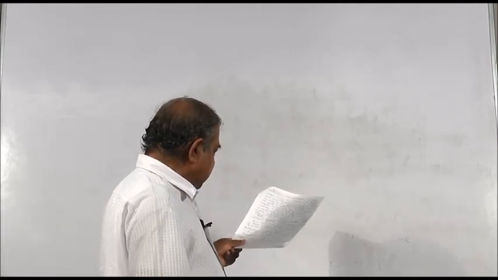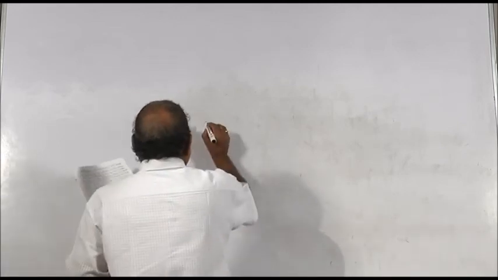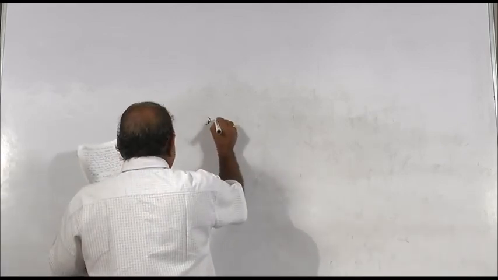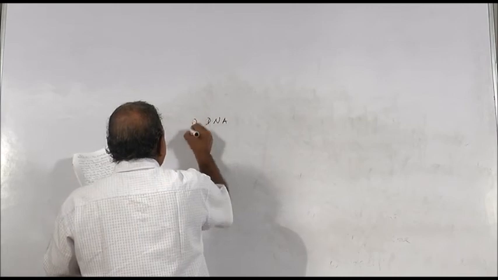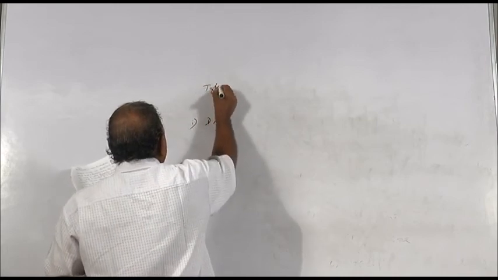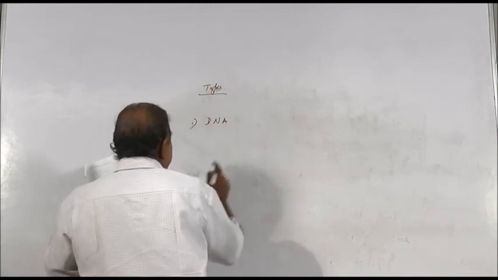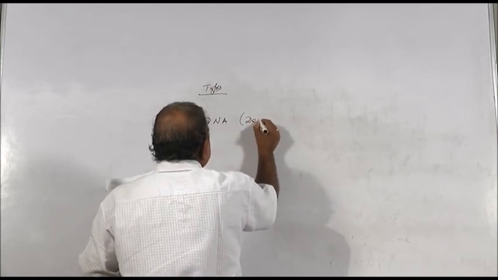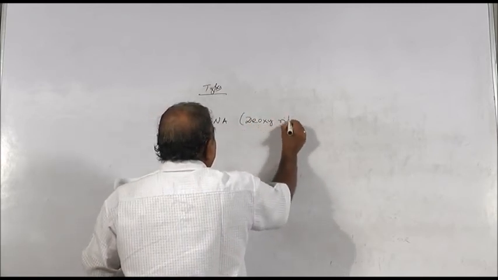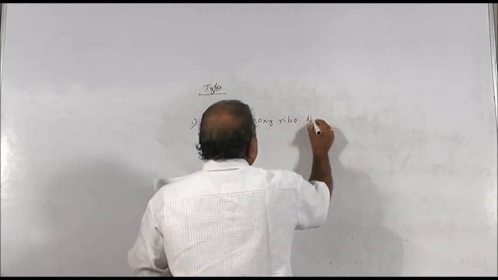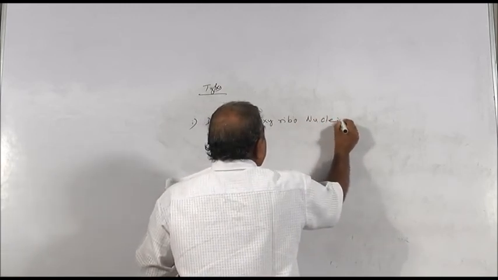As far as types are concerned, one is called DNA, that is deoxyribonucleic acid.